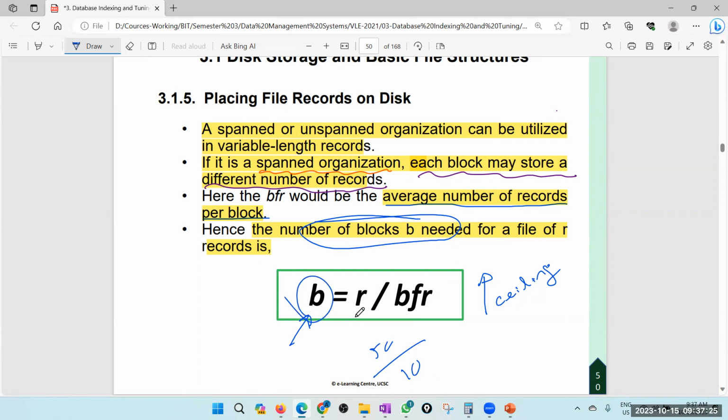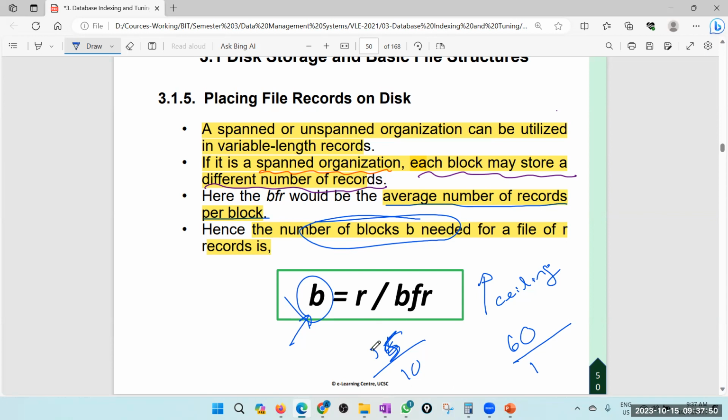But again, here also you can get a decimal value, right? For example, the number of records is 55 and the block factor is 10, so I can keep 10 records in a block.